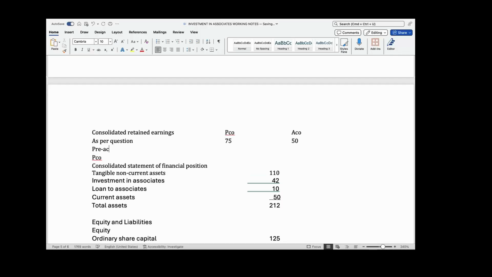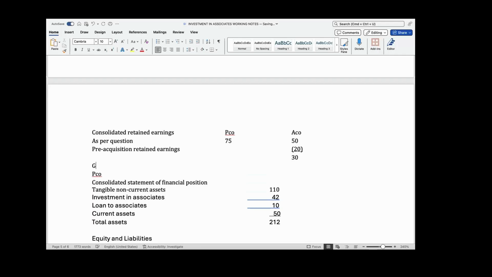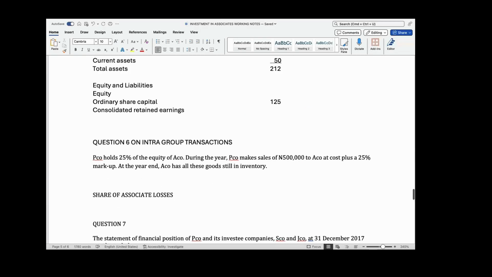You remove pre-acquisition retained earnings, which is 20. Then we are left with a post of 30. And the group share is 40% times 30, which is 12. Then it's going to have how much? 87. You will have 87.